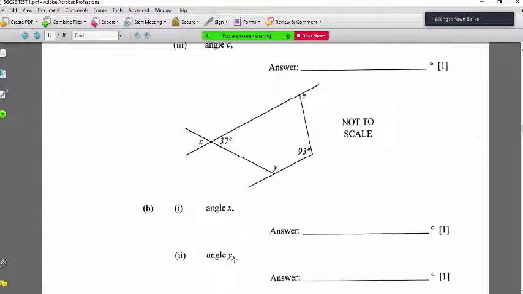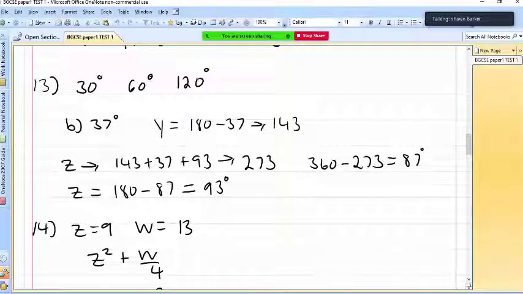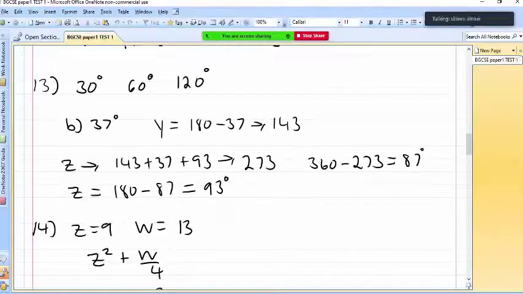Then they want us to find y. So in this case, if we look right here, we have 180. Angle y. Okay, right here. So this is 37. This is 37.